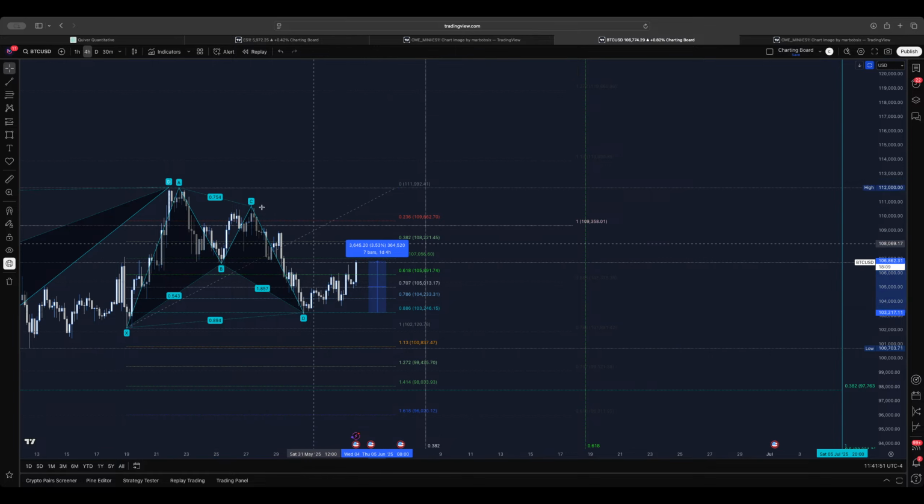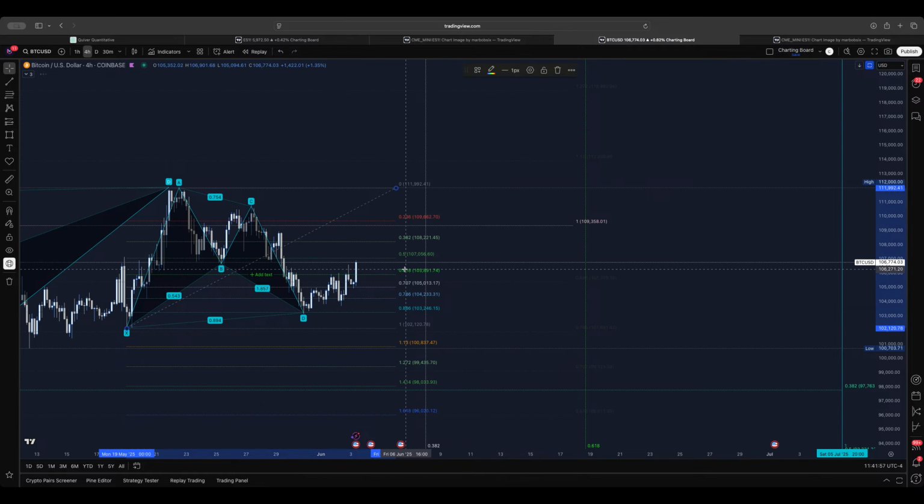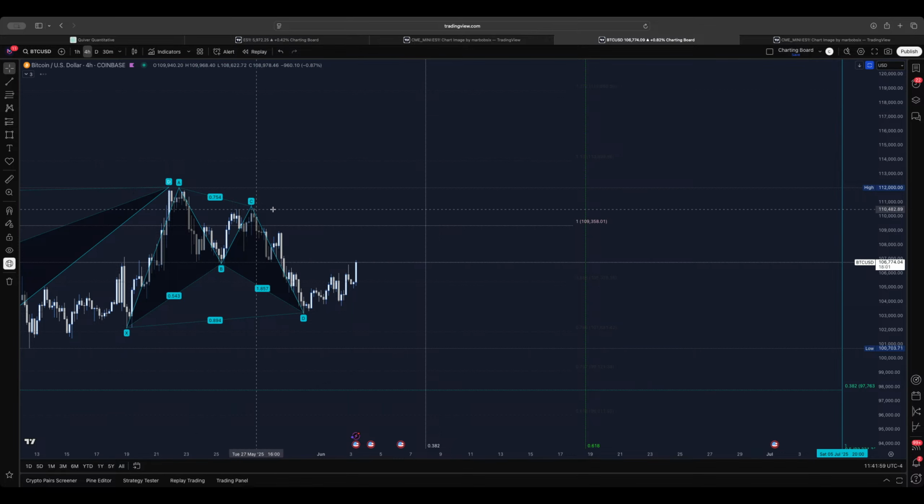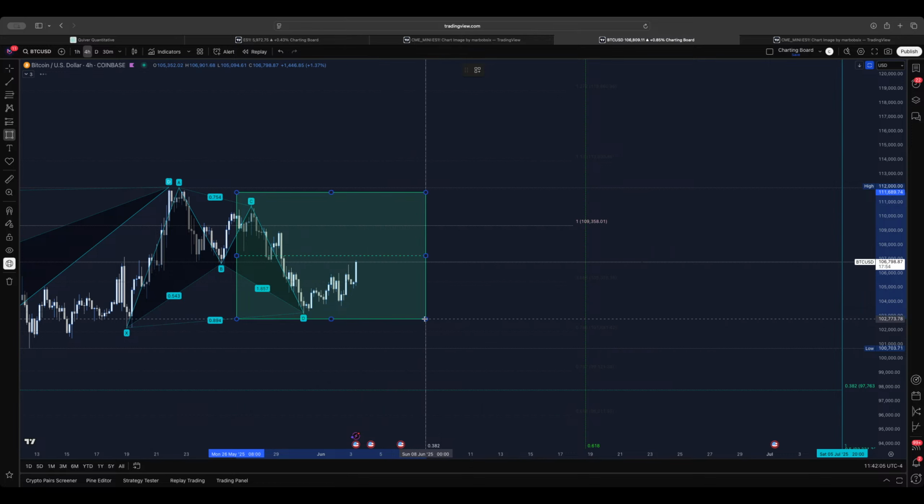Do we have another W formation in the early formation? Potentially. Therefore, another W will be identified in this quadrant of the price action for Bitcoin, these levels, potentially up until Sunday the 8th, we will see. It's only a projection.